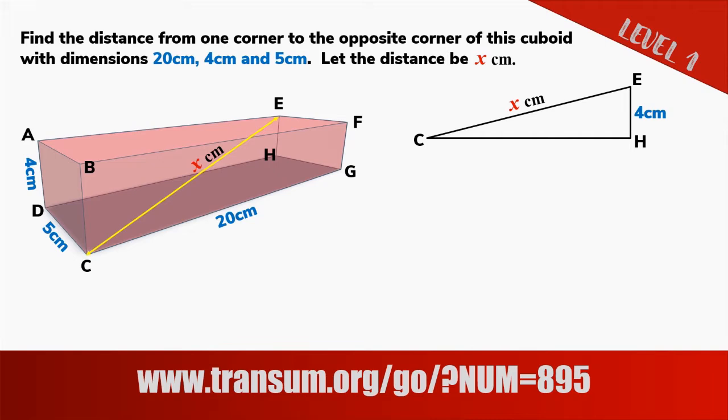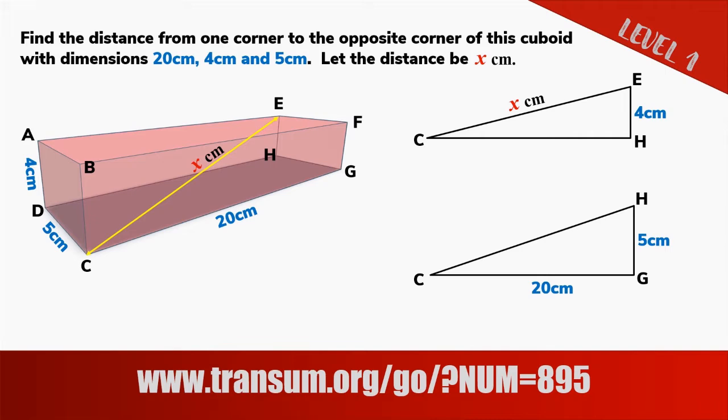But just as before, we can draw another right angle triangle. This is the one that you see when you're looking down at the base of the cuboid from the top. Can you see the letters H, G, and C help you see where it fits into the three-dimensional diagram? And there we do know the two dimensions are 5 and 20, so using Pythagoras we could work out HC, or CH, as I've written down here.